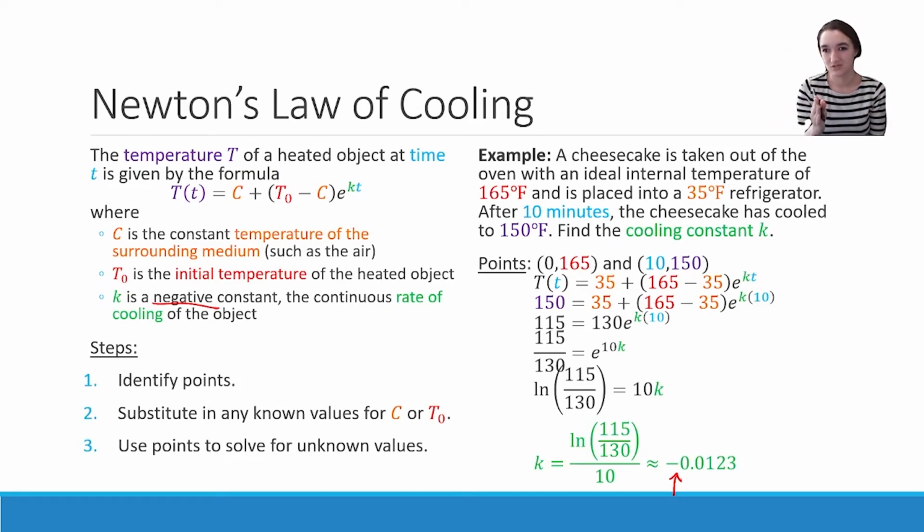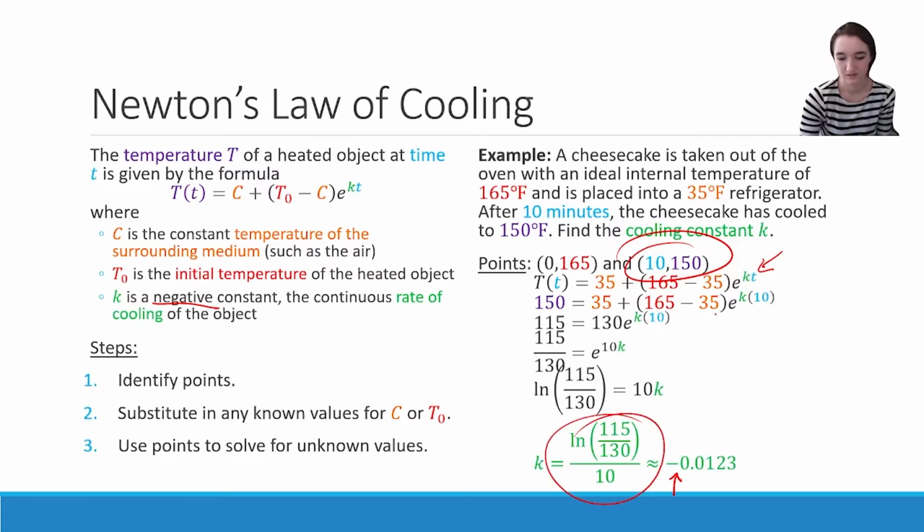Simple algebra mistakes, or plugging into your calculator wrong, can really lead you down the wrong path, because some calculators are weird about how you have to plug in logs and e, etc. If you just check your work, plug this point into your final equation and make sure it actually works. So anyway, our final equation would have been this equation, but with k plugged into it.